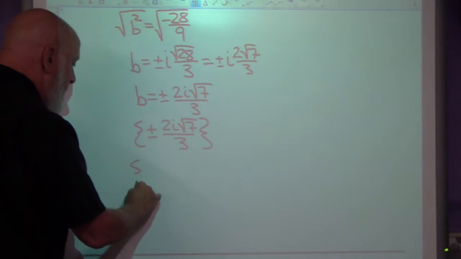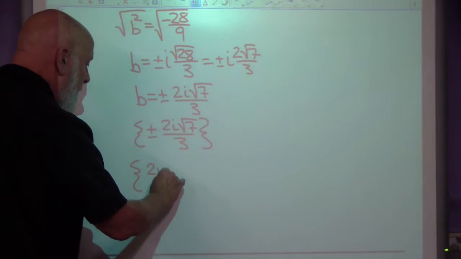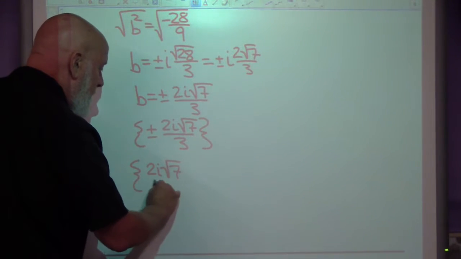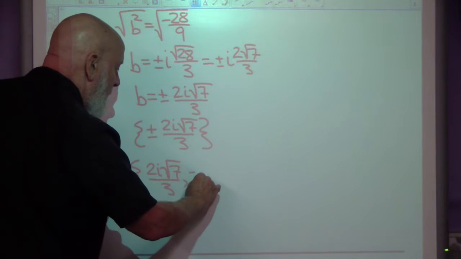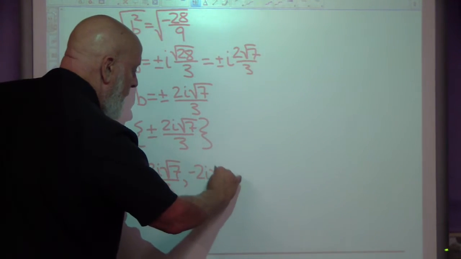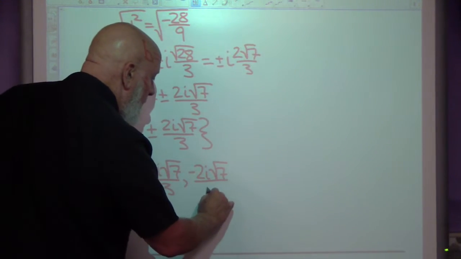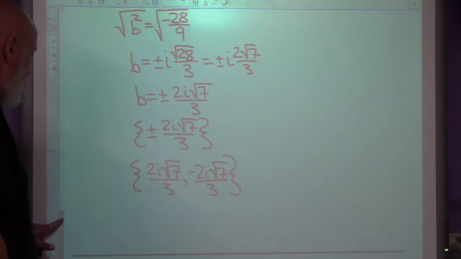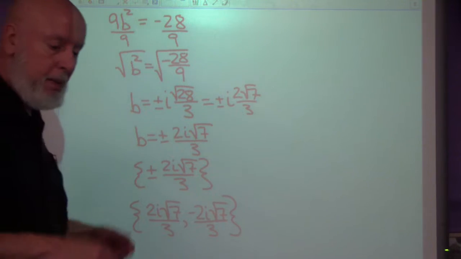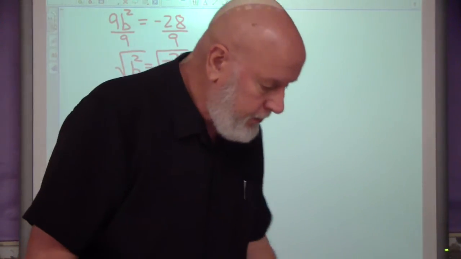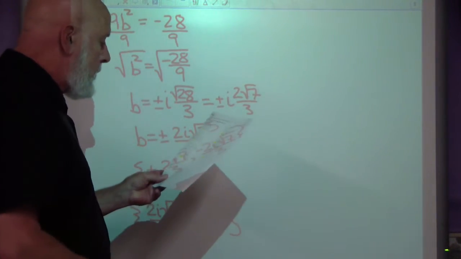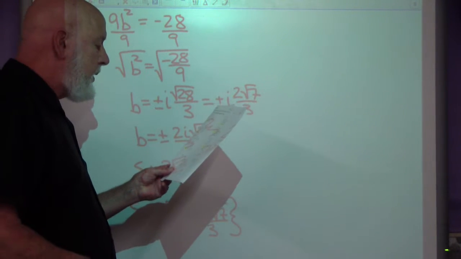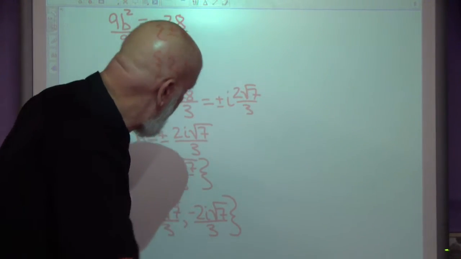Or like this. All three of these are correct, unless I've made a mistake. Let me see if I got it wrong. 2i radical 7 over 3 and negative 2i radical 7 over 3, yay.